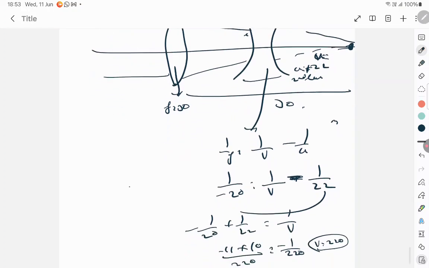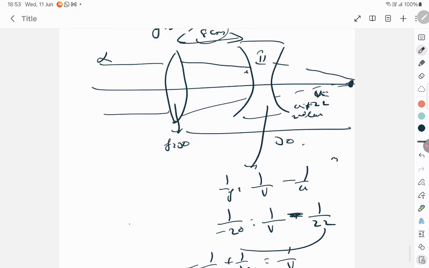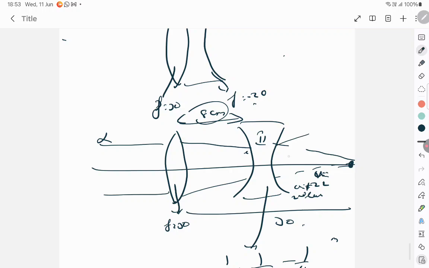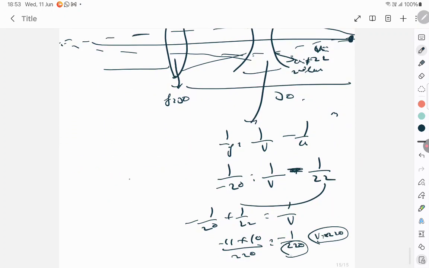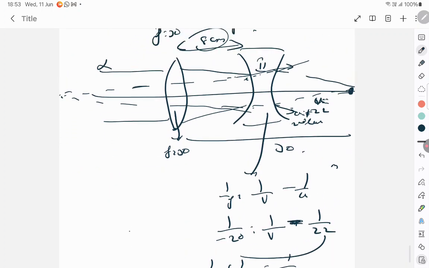And it's negative, which shows that this is a diverging lens, which would have diverged the beam, and your final image can be obtained somewhere far away, at a distance of 220, based on the second lens.